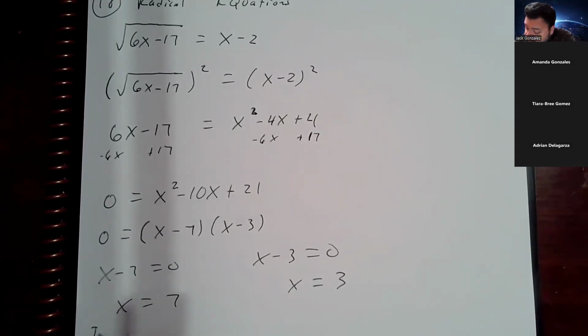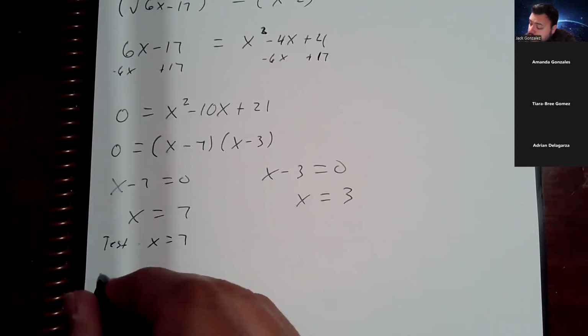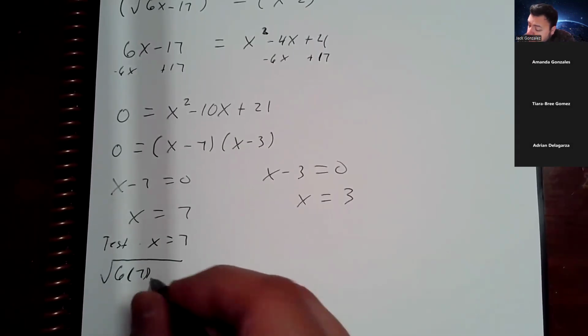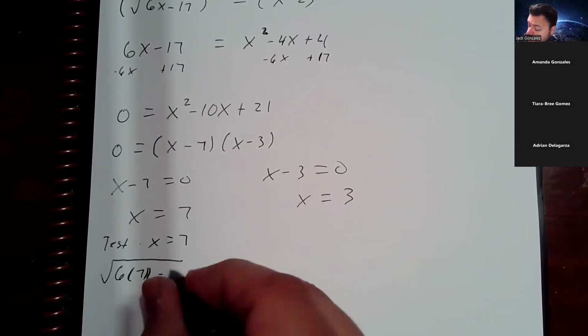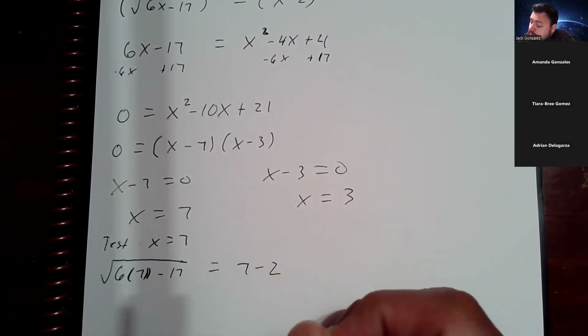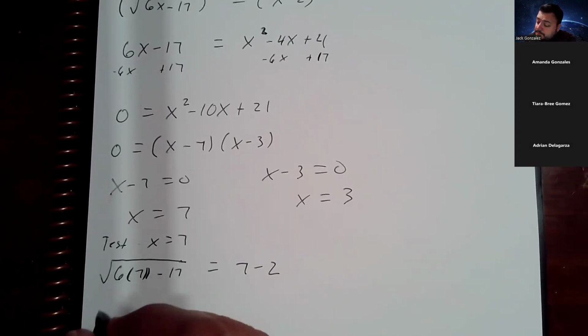So test x equals 7. Plug it into the original. 6 times 7 minus 17 equals 7 minus 2. 6 times 7, what is that? 42, right?